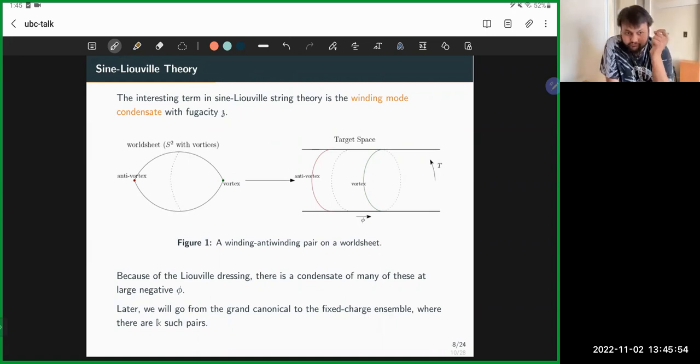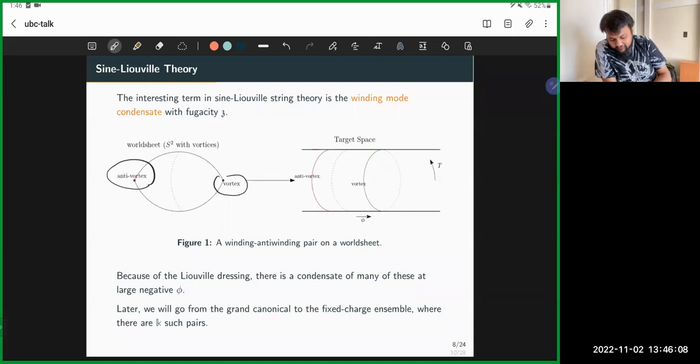On a spherical worldsheet, you can think about it like this: a spherical worldsheet with the insertion of one winding mode and one anti-winding mode, also called a vortex and anti-vortex, is really an embedding into target space where the vortex is like a little hole that wraps around this thermal circle. The anti-vortex is a hole that wraps around the thermal circle in the opposite way. So every spherical worldsheet needs to have an equal number of vortices and anti-vortices. And Z is the fugacity for these.